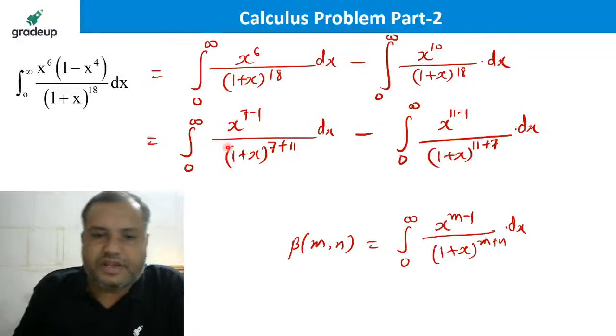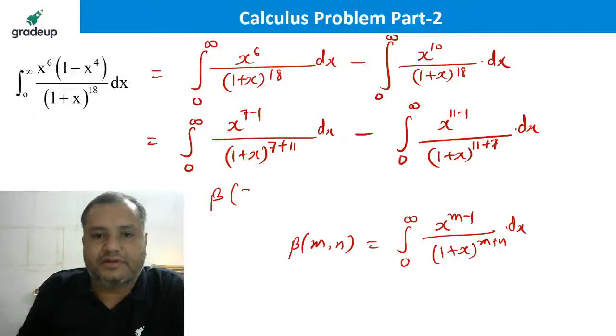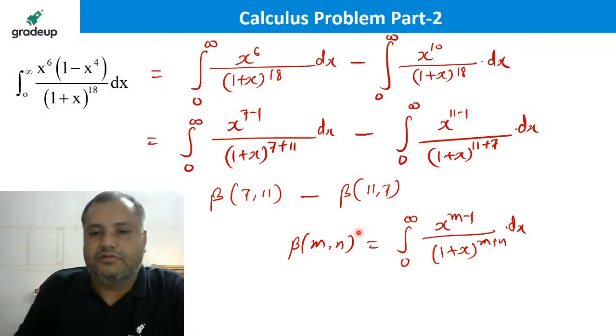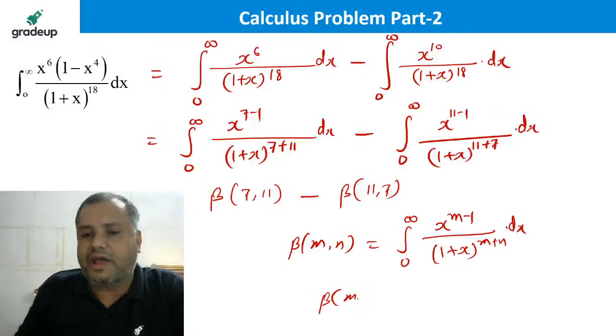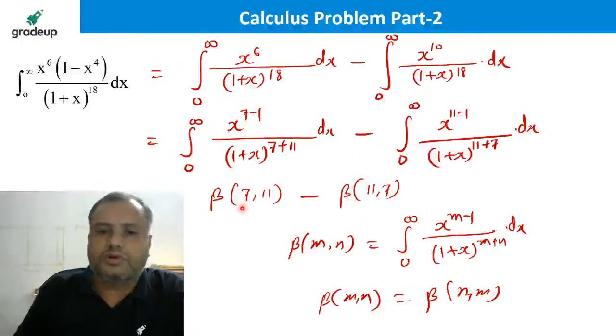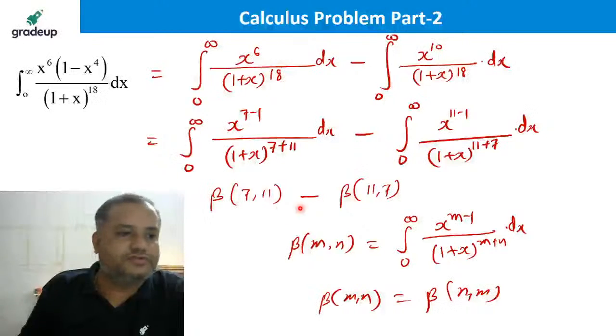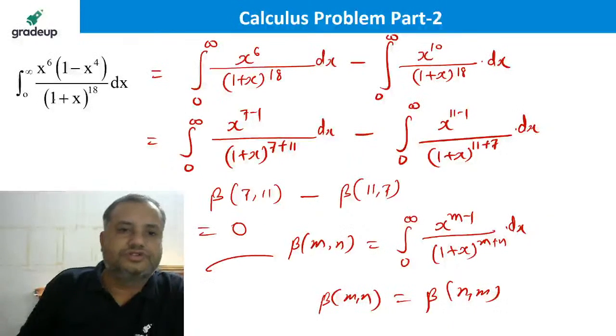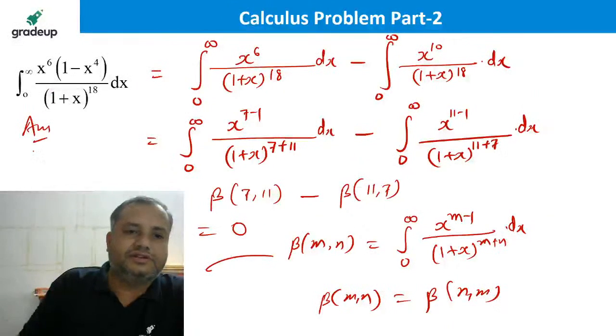So what we can do here, this is beta m comma n, 7 comma 11, minus beta 11 comma 7. We know that beta m comma n is always equal to beta n comma m. So both of these values will be same and the result will be 0. So the answer for this integration will be 0.